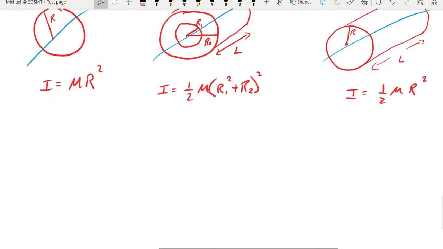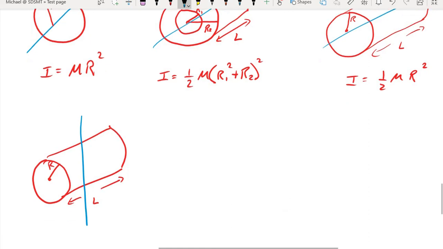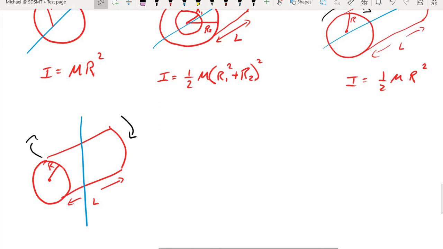Well, let's try something a little different. Let's take that same cylinder of radius r and length L, and let's try rotating it about this axis. Wrong color. Let's try rotating it about this axis. Over here, we were basically allowing the cylinder to roll, but now we're forcing the cylinder to rotate about its length.